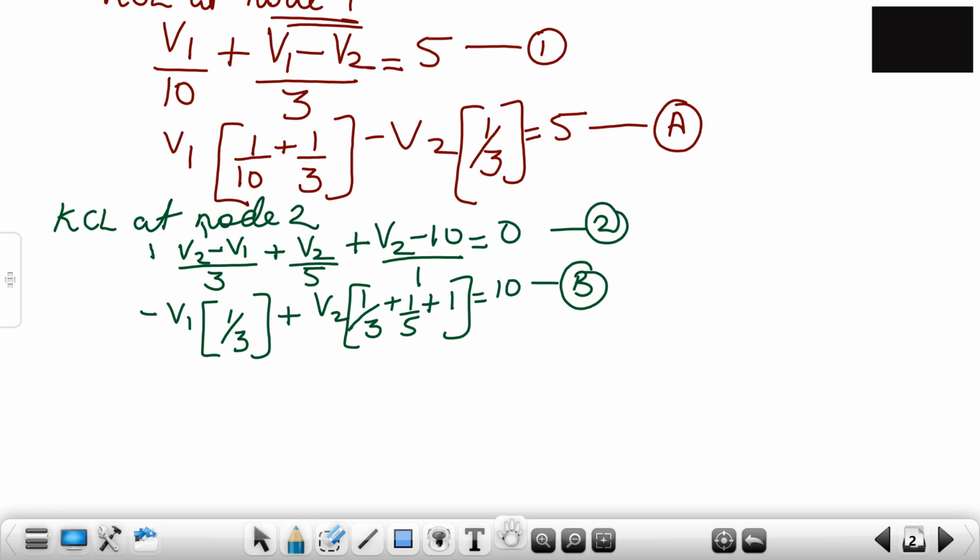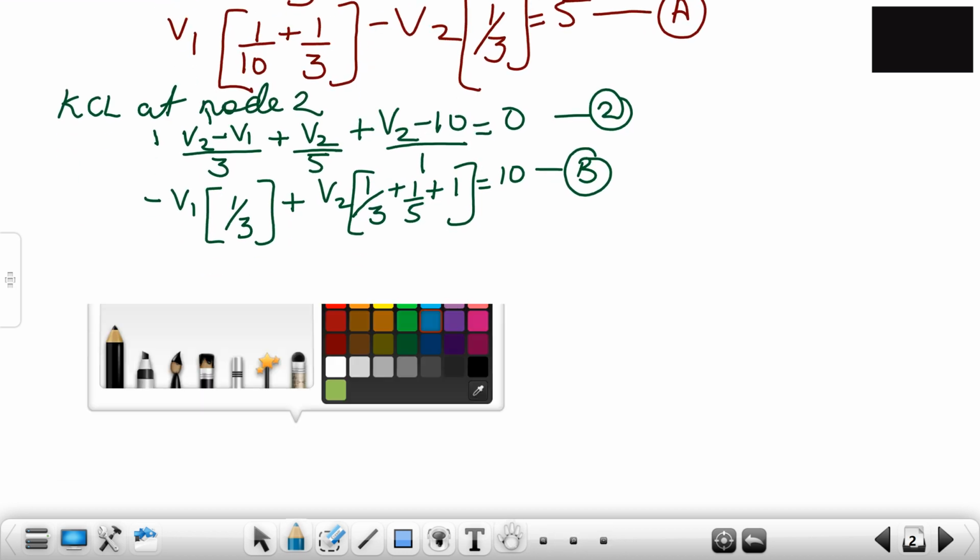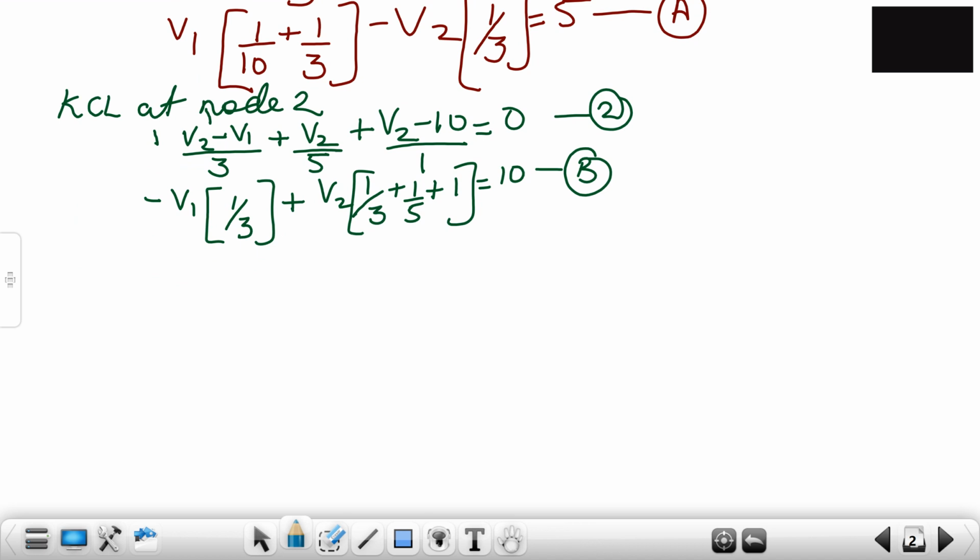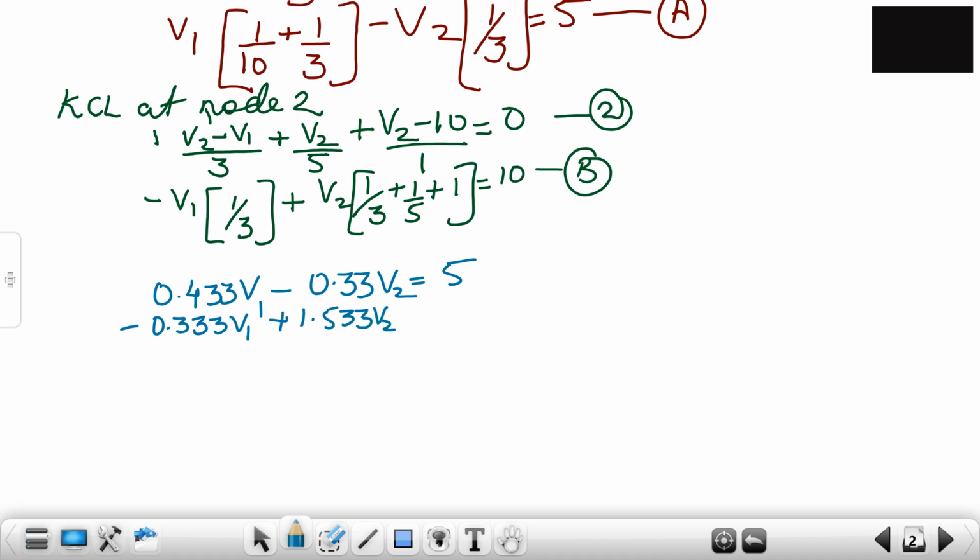If we solve this, you will get 0.433 V1 minus 0.333 V2 is equal to 5, and minus 0.333 V1 plus 1.533 V2 is equal to 10.